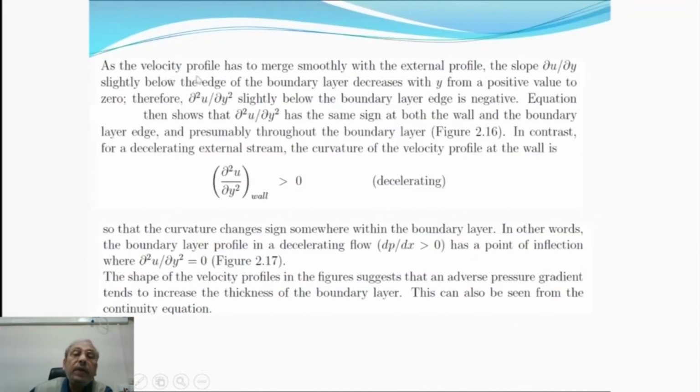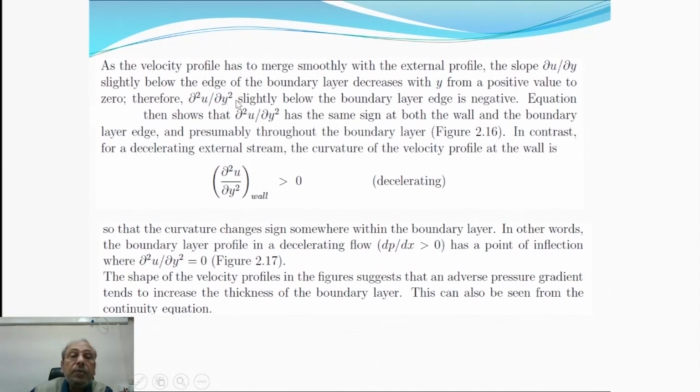Now, as the velocity profile has to merge smoothly with the external profile, the slope ∂u/∂y slightly below the edge of the boundary layer decreases with y from a positive value to 0.